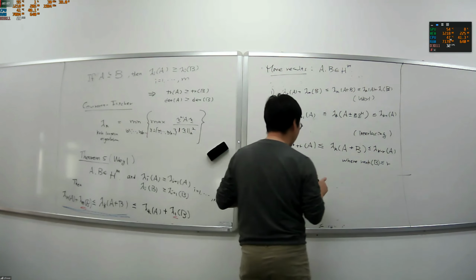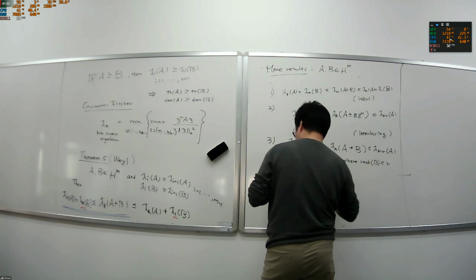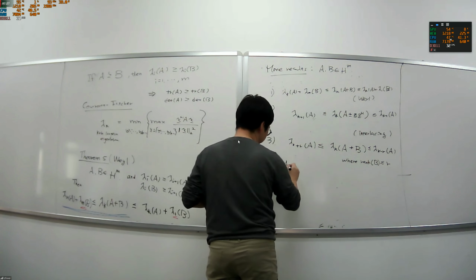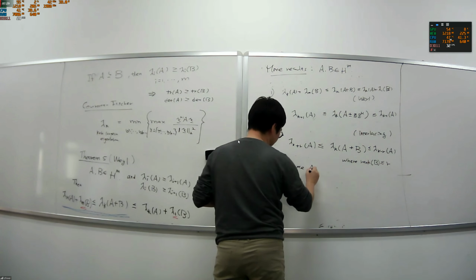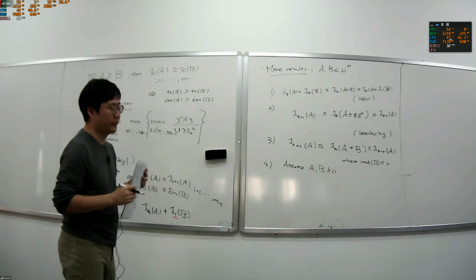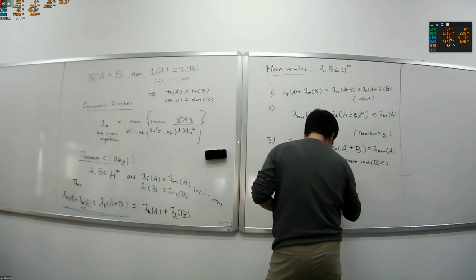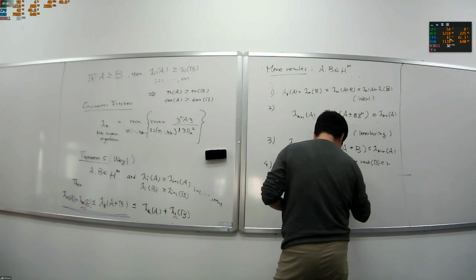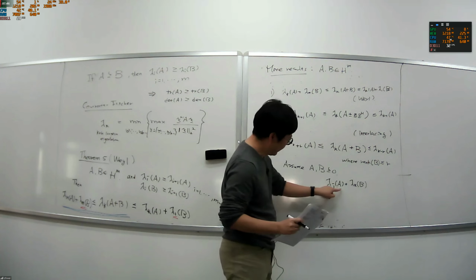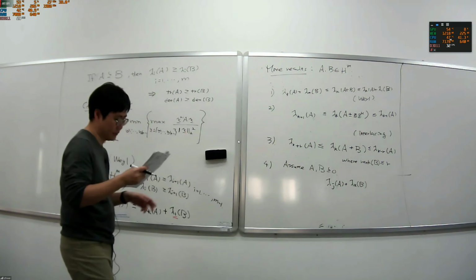Then the fourth one says, the fourth one needs us to assume that A, B are PSD. Okay, so it's not only Hermitian. Suppose A, B are PSD. Then we consider the j-th largest eigenvalue of A and the k-th largest eigenvalue of B, so we consider two different eigenvalues. One is j-th largest, one is k-th largest.